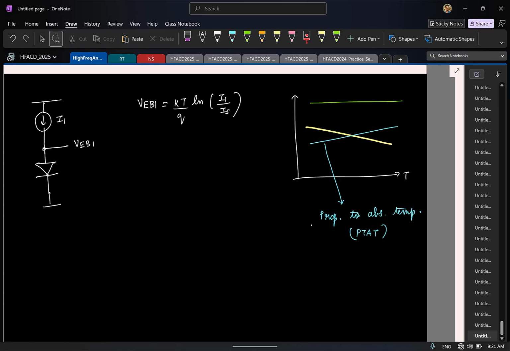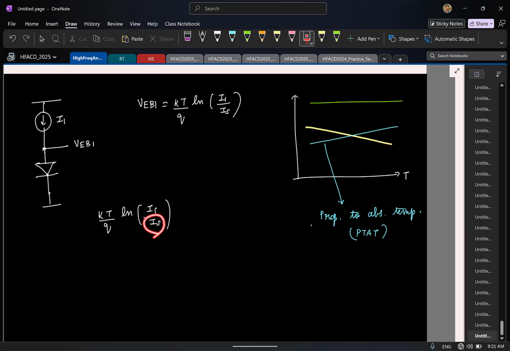So now let's start with what we have right now. We have this single voltage as kT by Q ln of I1 by Is. Here you see that this temperature T gives a nice proportional behavior to temperature. But what is resulting in the complementary behavior finally?